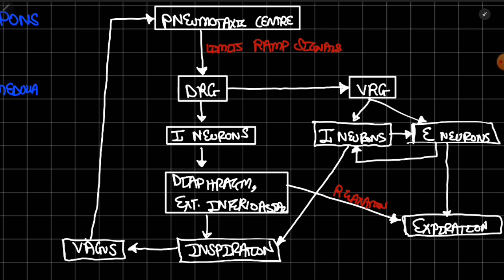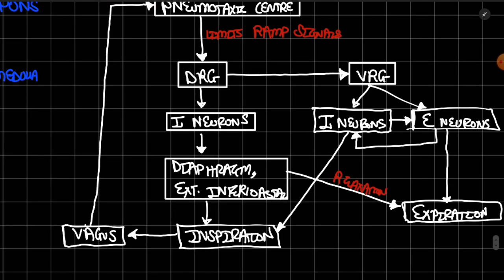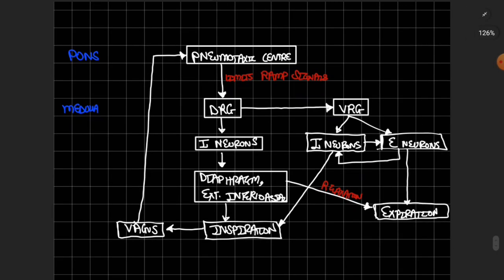It stimulates the pneumotaxic center, which limits the RAMP signal, and thus the respiration is controlled. So this was the flowchart I was trying to explain. So this was all about the neural regulation of respiration.